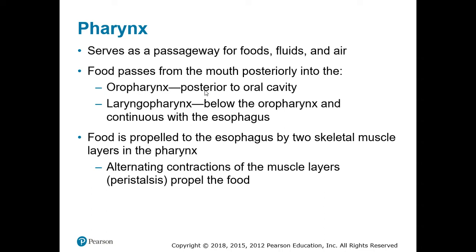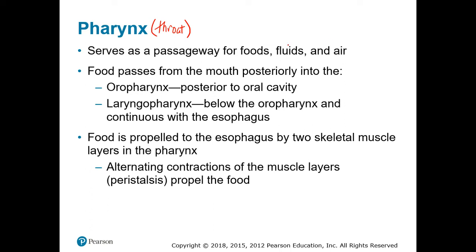Our pharynx, remember another word for pharynx is your throat, serves as a passageway for foods and fluids. We also talked about it in the last chapter, in the respiratory chapter, because it also does conduct air. There are 3 pharynxes that we talked about. The first one is your nasopharynx, which is located near your nasal cavity.